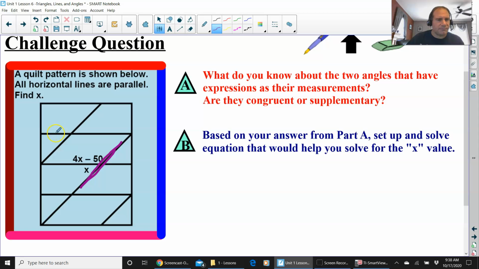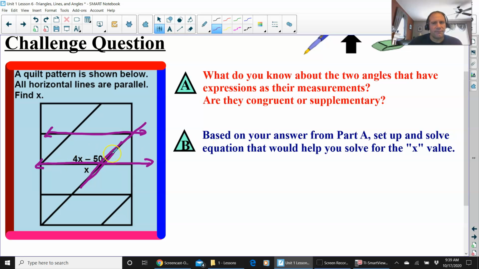Take a look at that. And this. And this. Look at that. Parallel lines with a transversal.